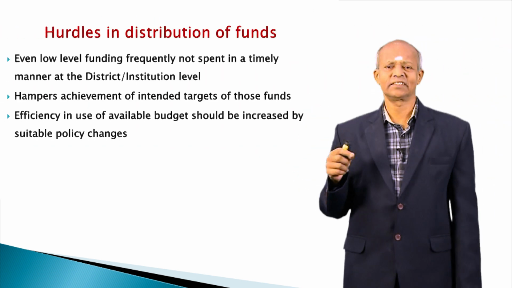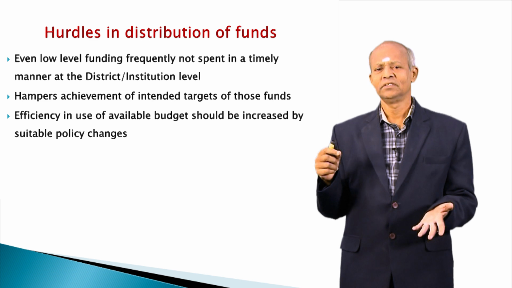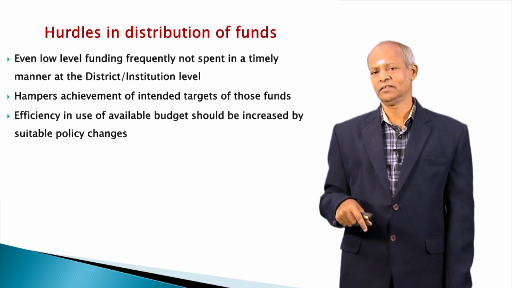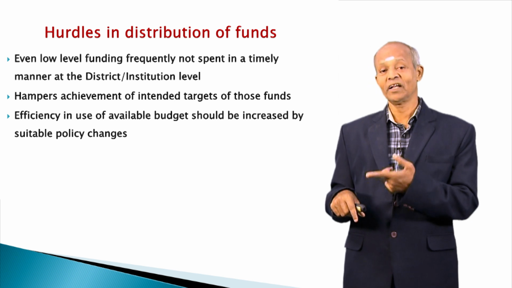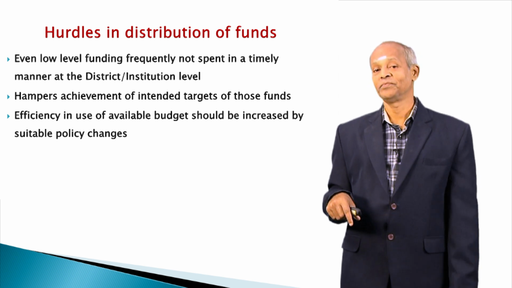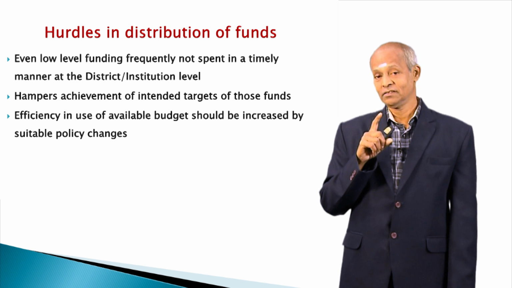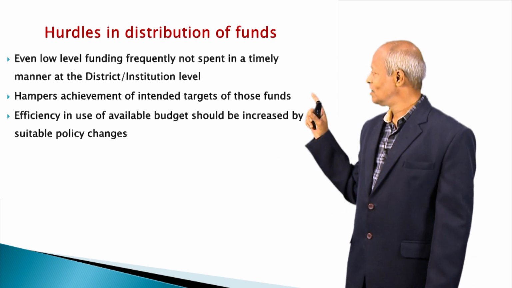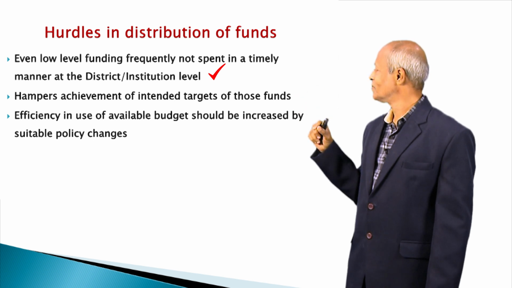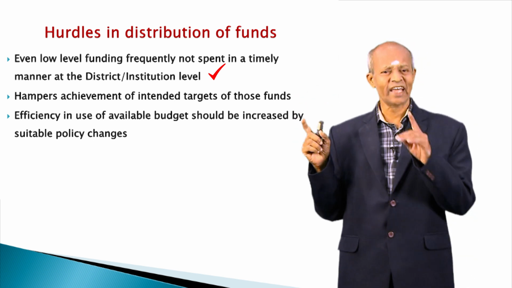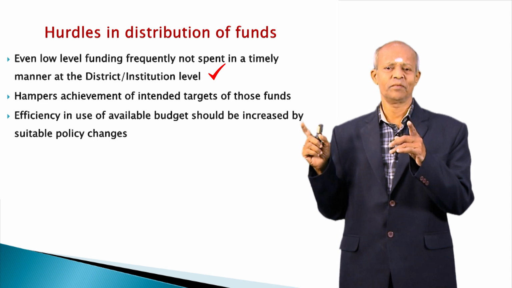What are the hurdles? Suppose the government is releasing the fund, it will not reach the beneficiaries properly. So, what are the basic hurdles in that? First and foremost, even though the funding is low, it is not spent timely in the proper manner.